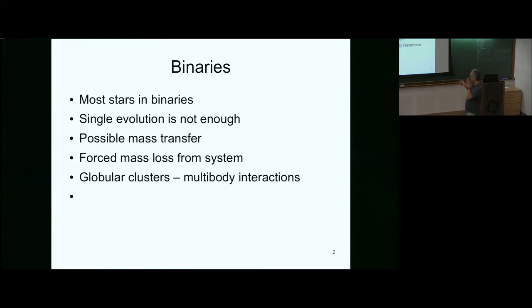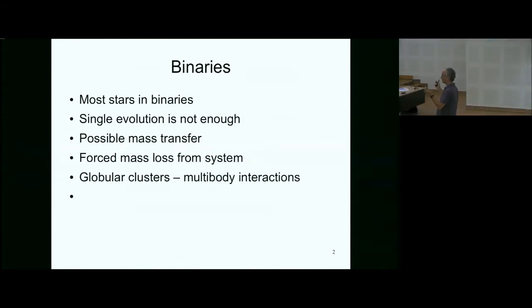And I'm just mentioning this very important part, which is globular clusters. So in globular clusters you have even much richer phenomenology, because globular clusters are very dense stellar regions, and in the dense stellar regions you have collisions between binaries and single stars, or double binaries, and in such collisions you can exchange partners.